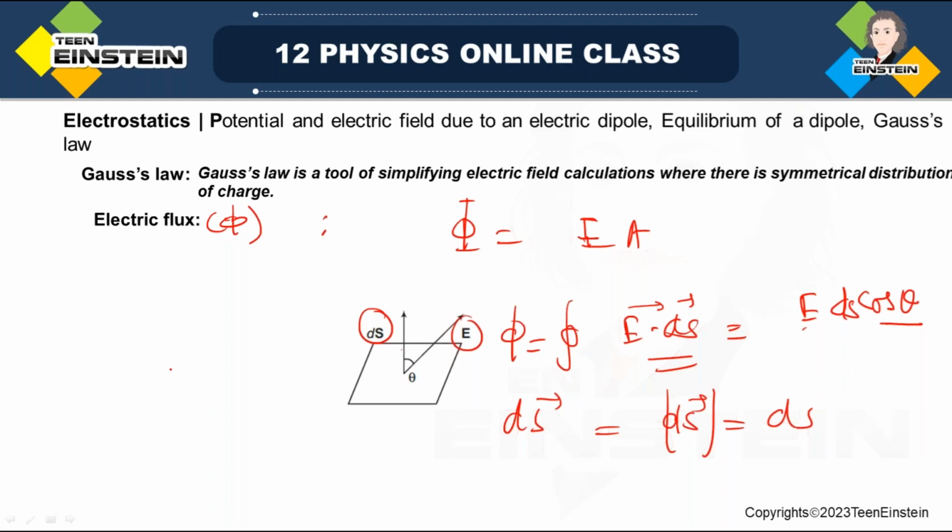If the area is a closed surface, then the normal has to be taken outward for a closed surface.